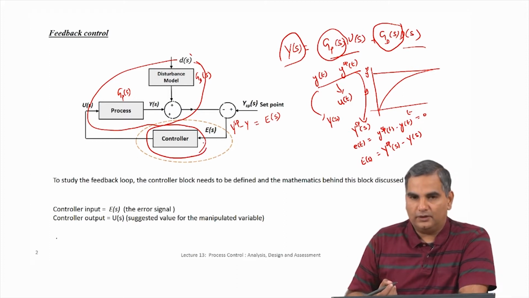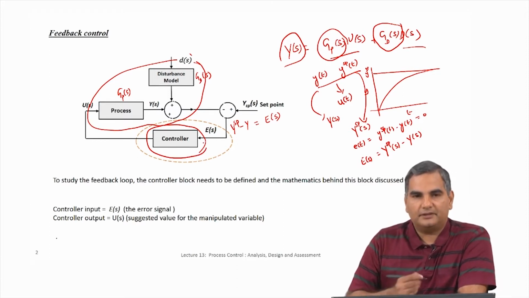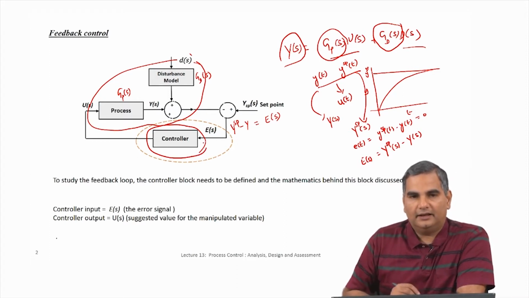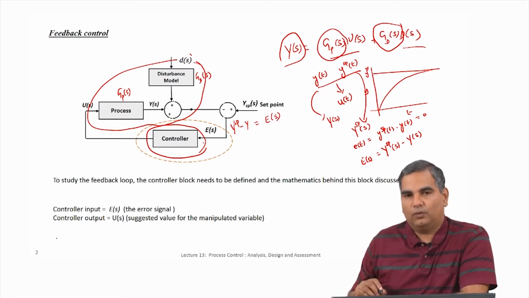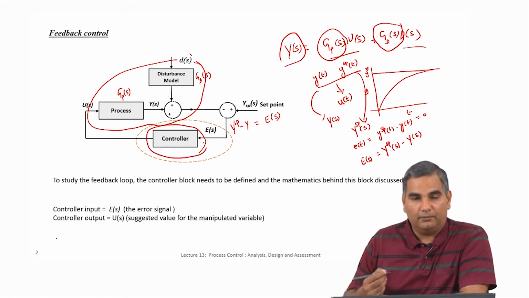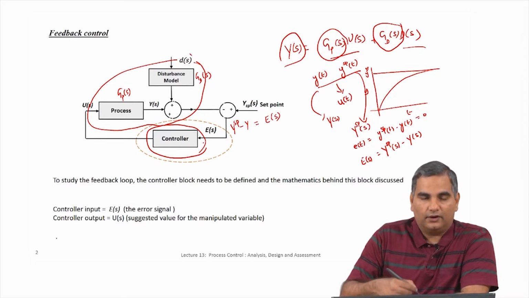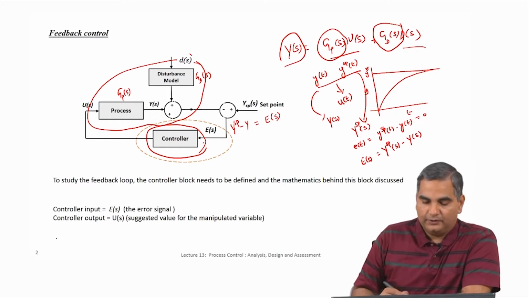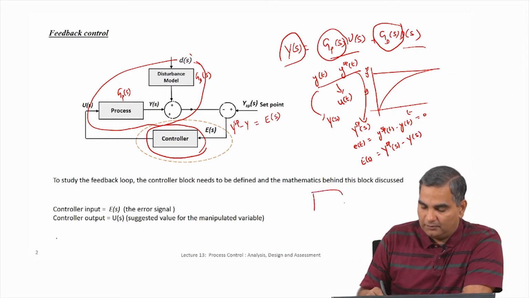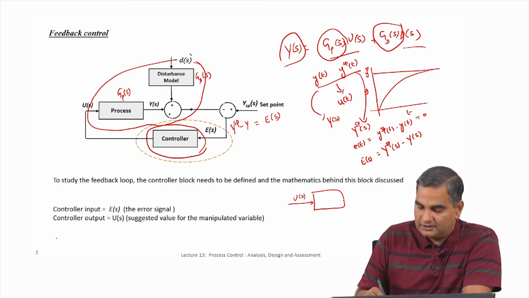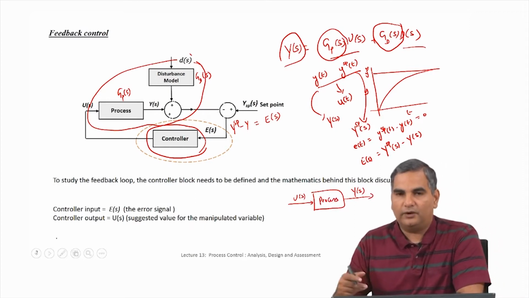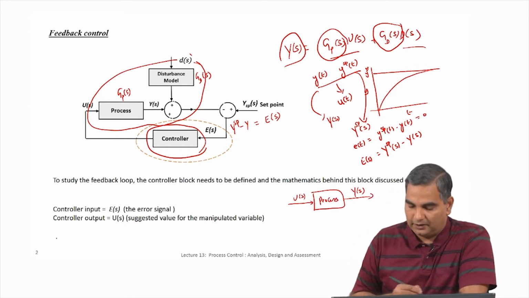What the controller does is it gets information about the error, and then it has to figure out what the output from the controller should be, which is the instruction for the change in the manipulated variable. In the process, if you think about the way it works, if I have a manipulated variable, because of changes in it, y of s changes. That is the process: when I manipulate something, how does my output change is what the process model does.